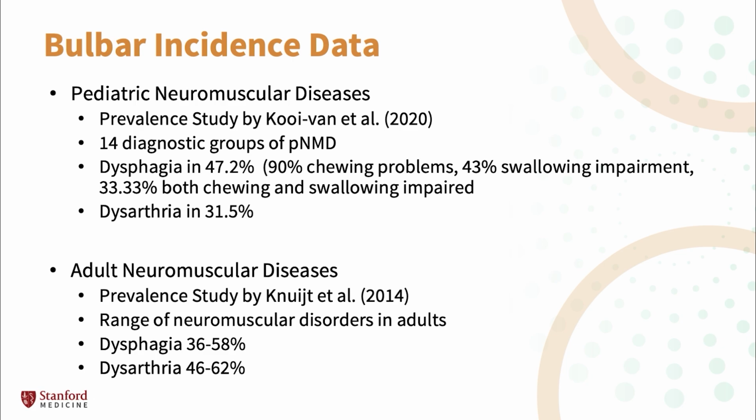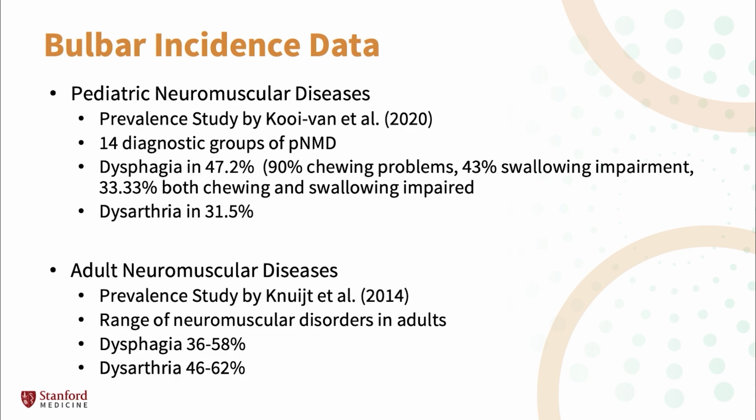One prevalence study done in 2020 with pediatric individuals with 14 diagnostic groups of neuromuscular disease found a pretty substantial percentage of them dealing with swallowing dysfunction or speech dysfunction, breaking it down even further to chewing and swallowing impairments, and about a third having both chewing and swallowing impairment.